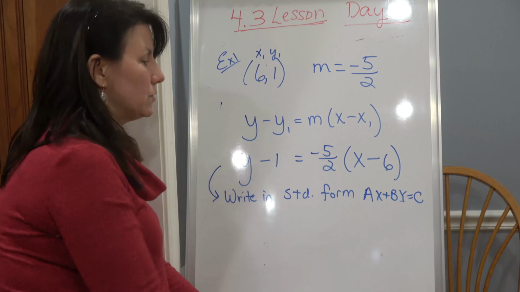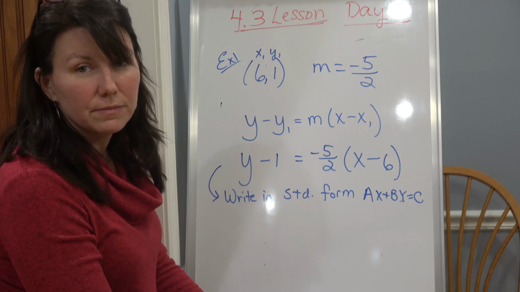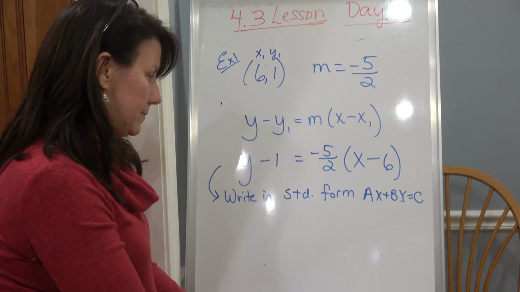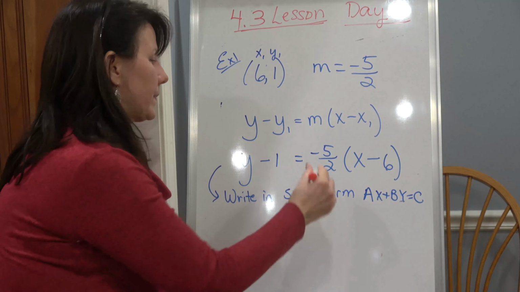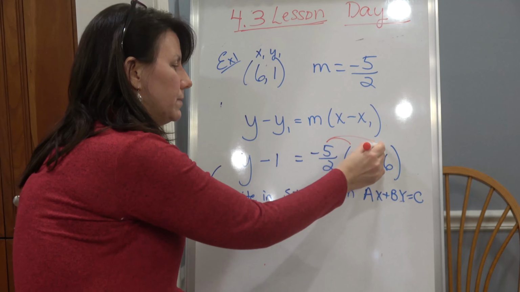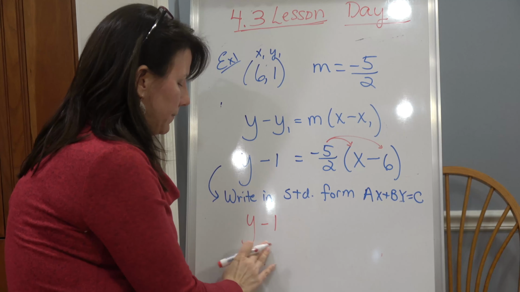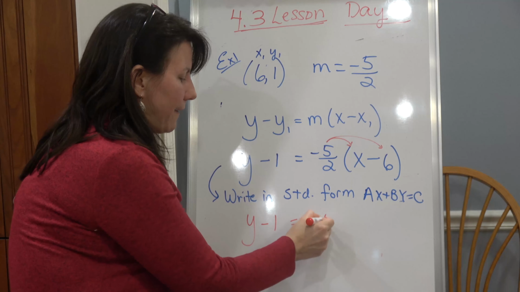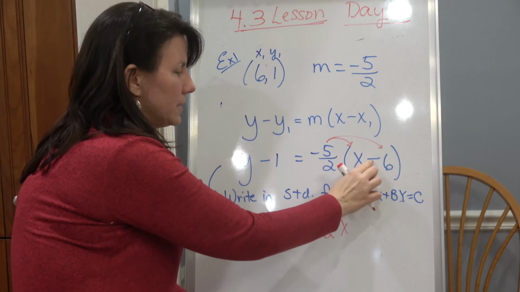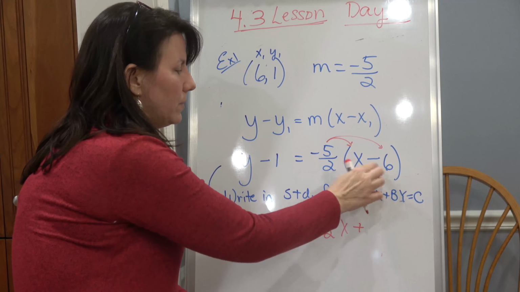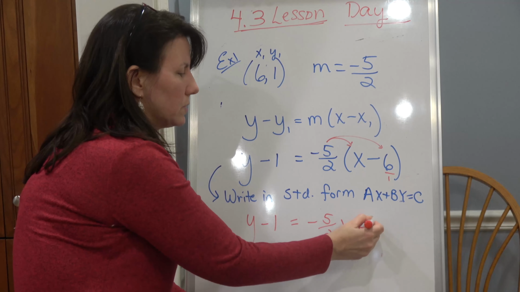So you're going to have to do some distributing, and you're going to have to get rid of the fraction. So the first thing I would do is distribute this through. So I have y minus 1 equals negative 5/2 x. This is going to be a positive, right? A negative times a negative is a positive, and then that would be 30 over 2, because it's 6 over 1, right? So 30 over 2 is 15.